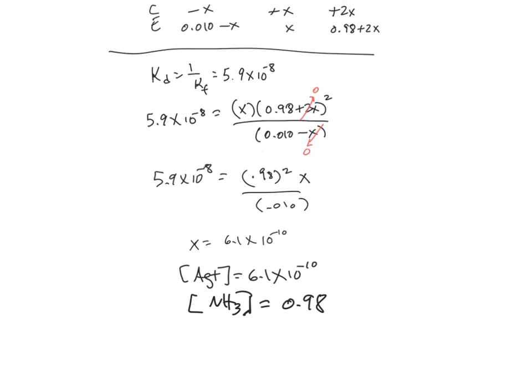And the concentration of the complex ion is approximately 0.010. So you could put little squiggles here, approximately, because some of it obviously has dissociated and formed silver and ammonia. So I think that's right. I believe that's going to be right, correct numbers there for the system.